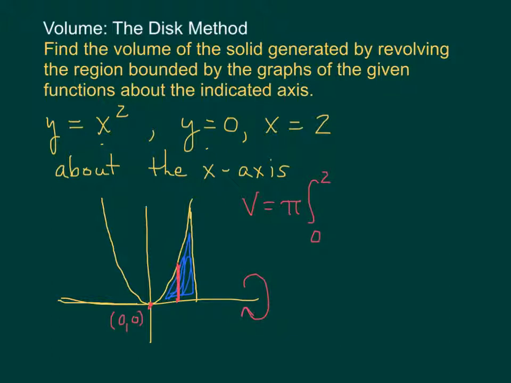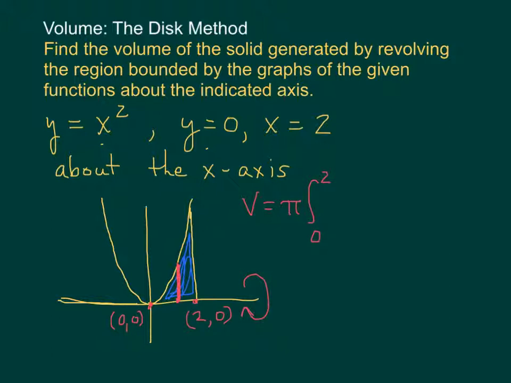This is the point (0, 0). This is the point (2, 0). So the x value across here of our representative rectangles goes from x equals 0 to x equals 2. And the radius is the height of that rectangle.